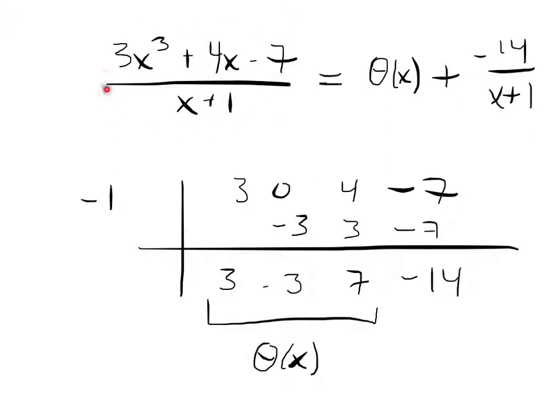Now we can do this division using synthetic division. Since I started with a cubic here, I'm going to end up with a quadratic for q of x. Think about an x cubed over x is going to give me a quadratic. So this q of x is going to be 3x squared minus 3x plus 7 plus a remainder of negative 14 over x plus 1.